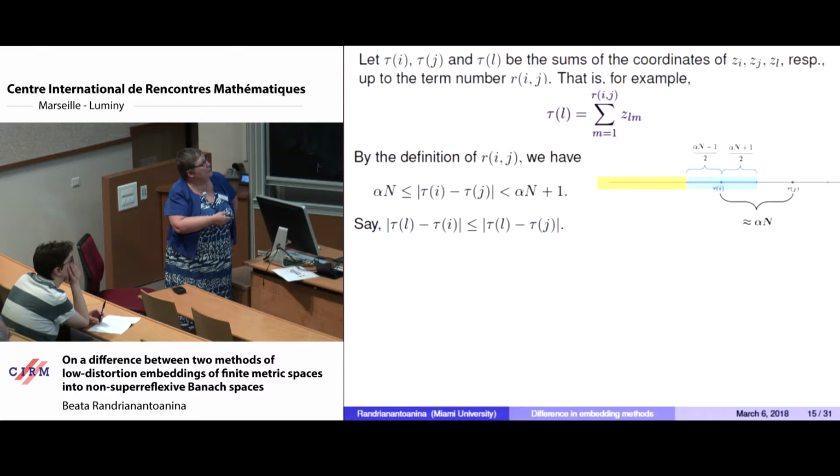So I want to say that the other point cannot be together with them. Why is that so? Well, we have those two points which are separated by a number slightly bigger than alpha n. And then we have two options.